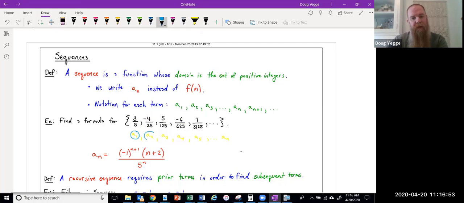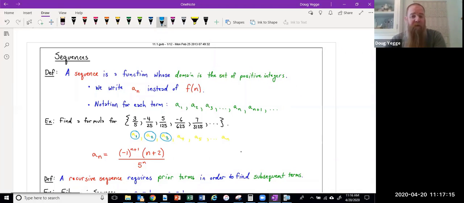Second term is called A2. The third term is A3, and so on. And so what that means is if I plug in 1, I should get an answer of 3/5. If I plug in 2, I should get an answer of -4/25. If I plug in 3, I should get an answer of 5/125.